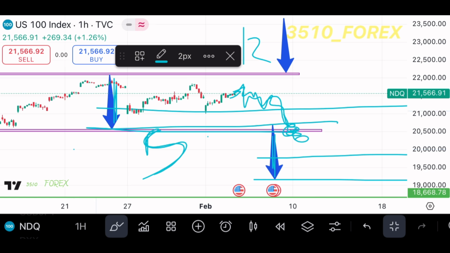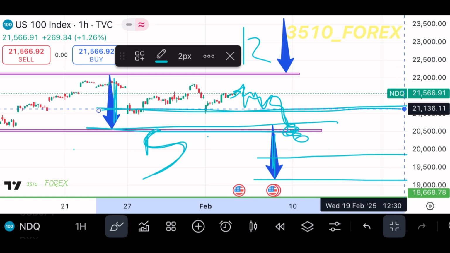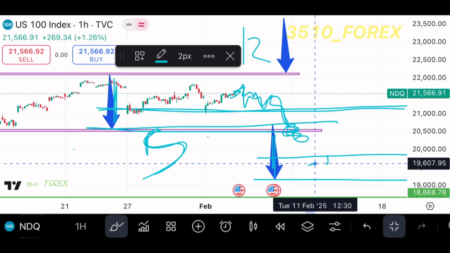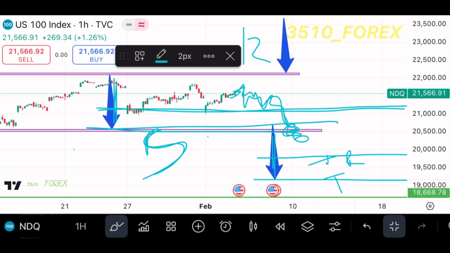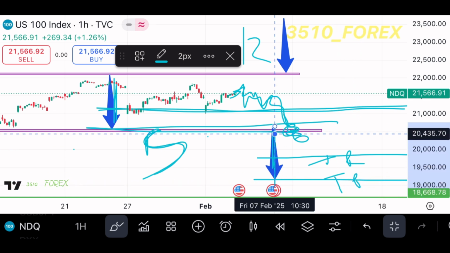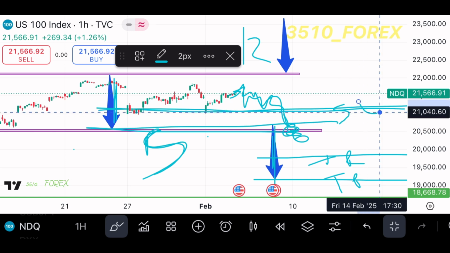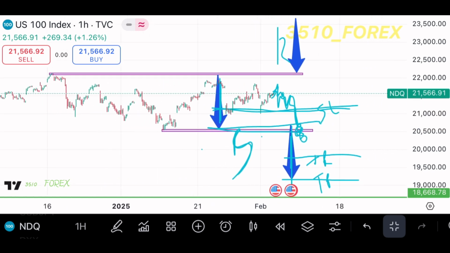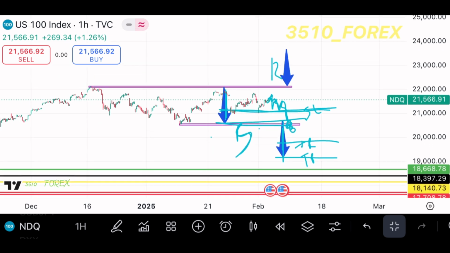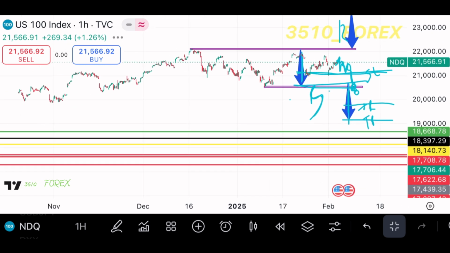But most of the time on my side I use 50%, and then my TP will be here as 50%, and my TP2 will be here as 100% of this price distance, and then that will be my SL. So usually, most of the time, it will work in my favor.